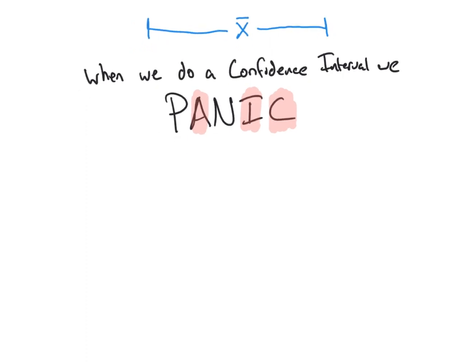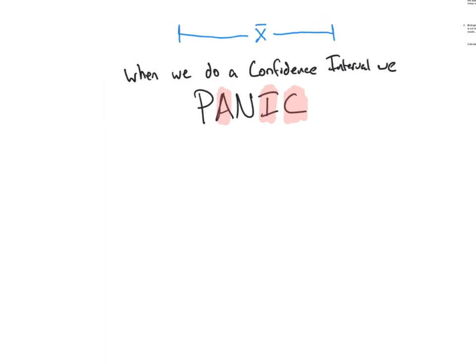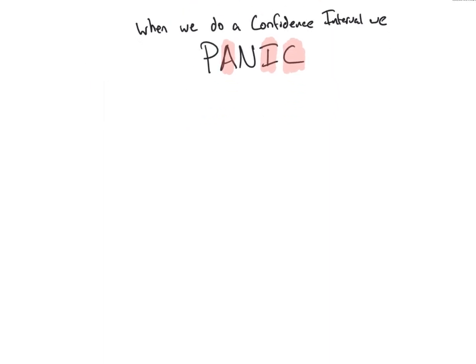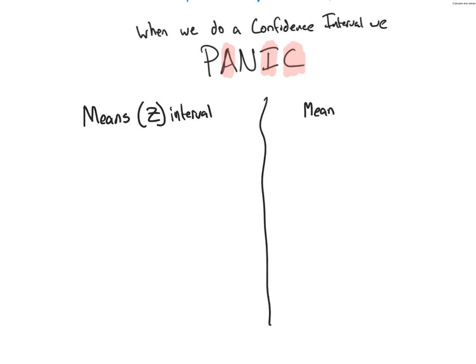So let's talk about this. Here's the weird thing about means. There are two different kinds of means problems that we're going to do. We're going to do a means Z interval, or we're going to do a means T interval.